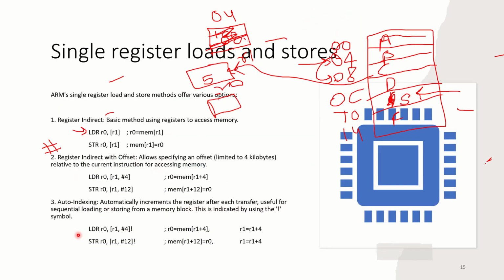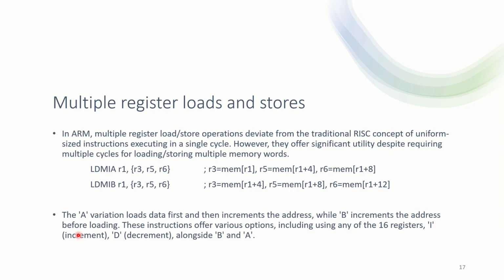So we have seen single register load and store, and there are various methods offered by the ARM architecture. Now we have to see multiple register load and store, which is a slight deviation from the traditional RISC concept of uniform size instructions.